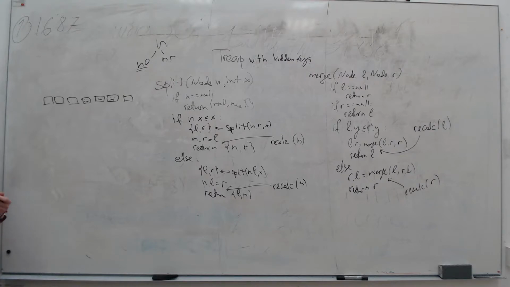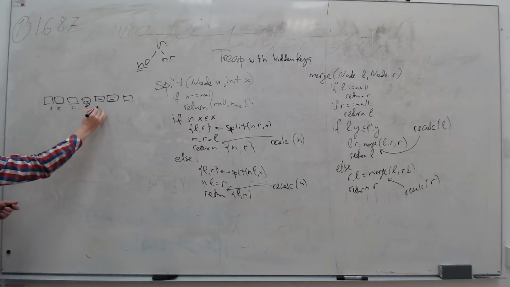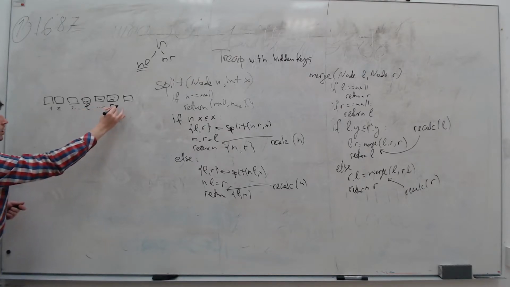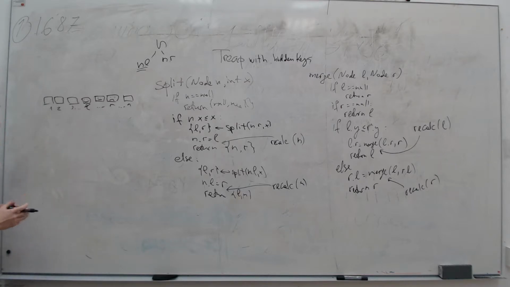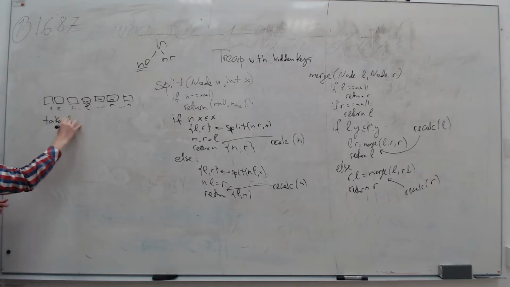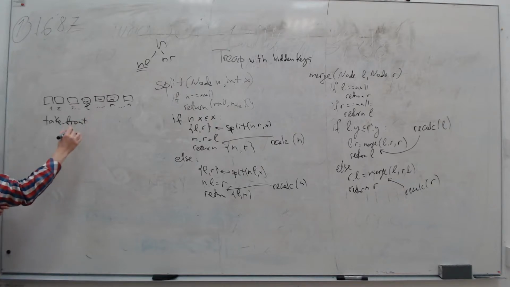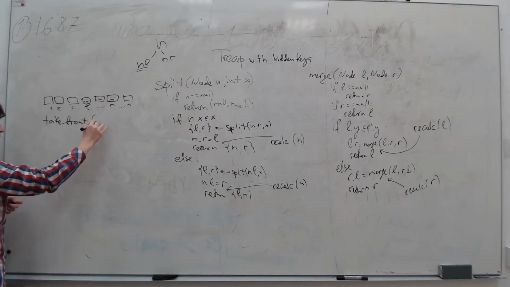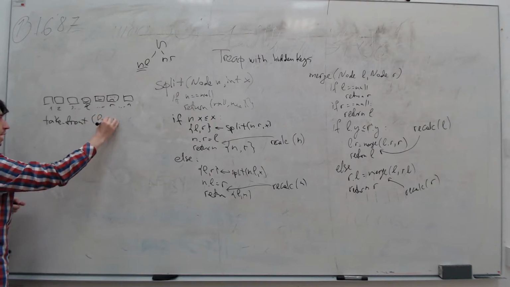They are numbered 1, 2, 3, etc., L, etc., R, etc., N. And you have a query: take the people from L to R.